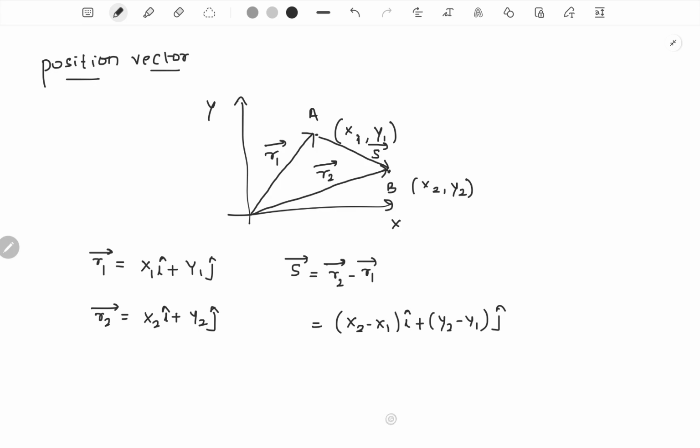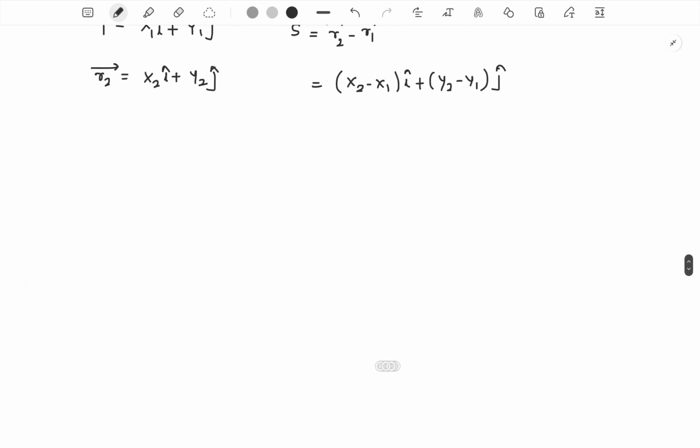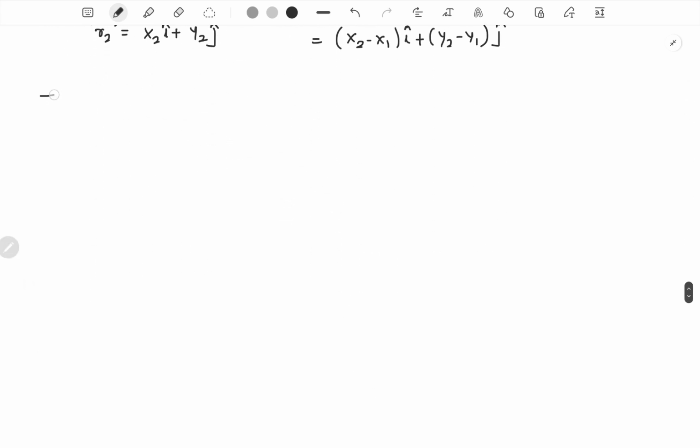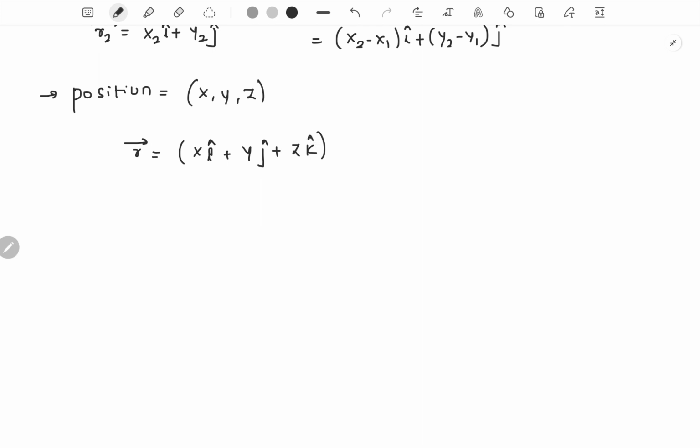So you have understood the position vector. The same way we can define the position vector of a particle if it's moving in 3D space. Suppose the coordinates of its position are given by x comma y comma z, then its position vector, which I generally represent with r bar, we can write as x i cap plus y j cap plus z k cap.